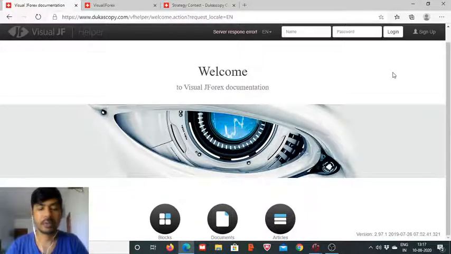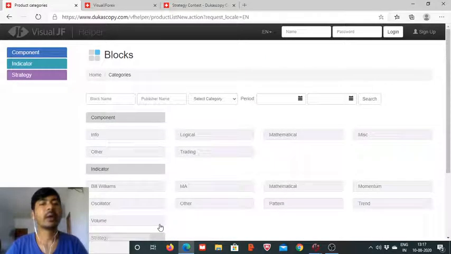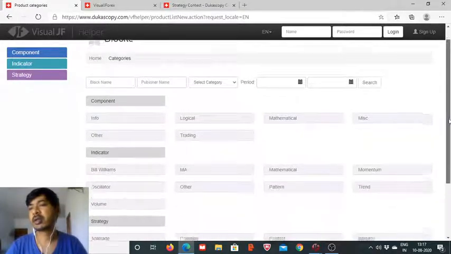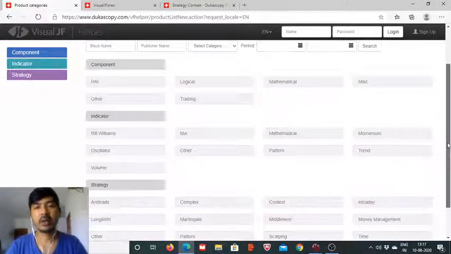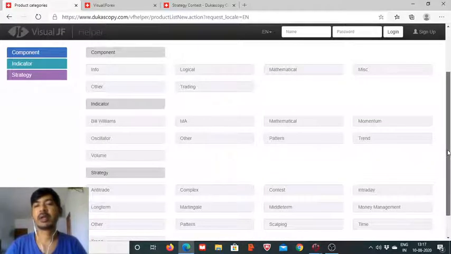Today's session of Visual JForex, in which we are going to get acquainted with the SMMA, the smooth moving average. It is a modification of the moving average, which is kind of important if we consider the smoothing of the indicator.